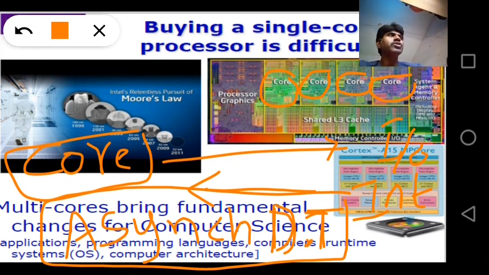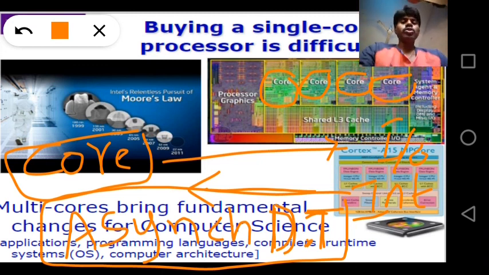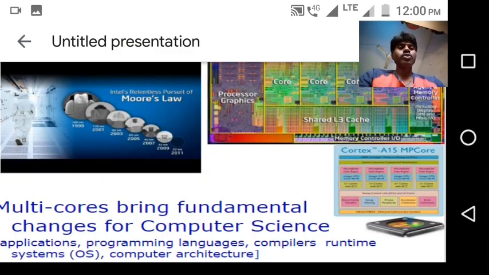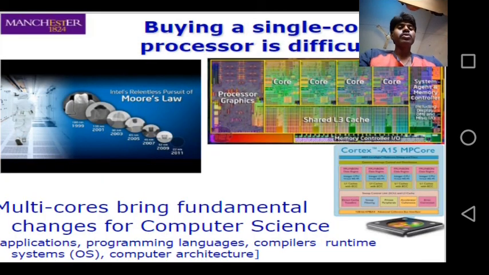Here the internal cache is optional because we may sometimes have an external cache. So buying a single core processor is very difficult nowadays. The whole world is moving towards the use of multi-core processors. So it is very important to have an idea about this.